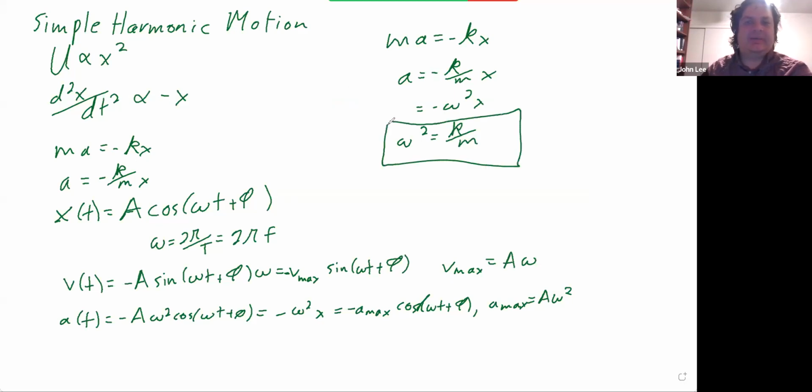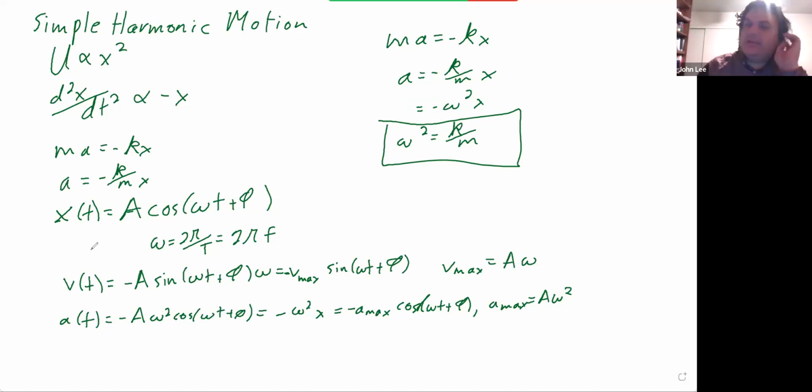And that's the interesting thing about this: no matter what amplitude you pull the spring at, its angular frequency, 2 pi f, is going to be constant, based just on the mass of the moving object and the spring constant of the spring.